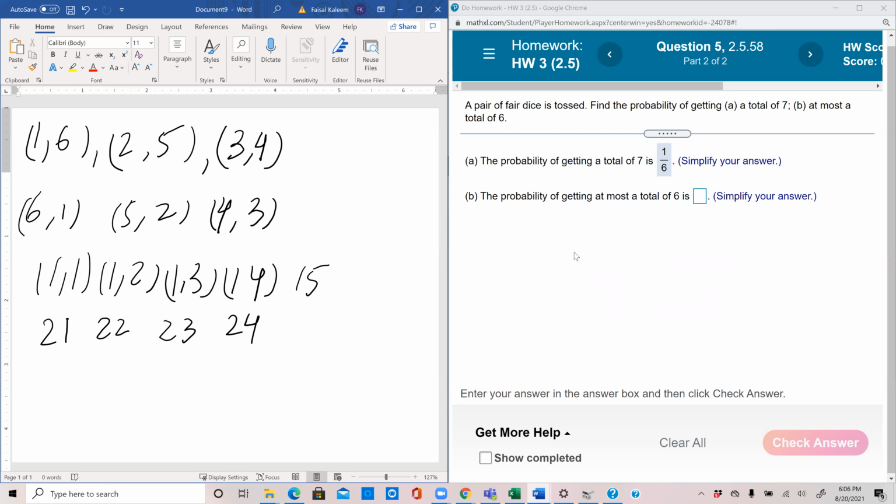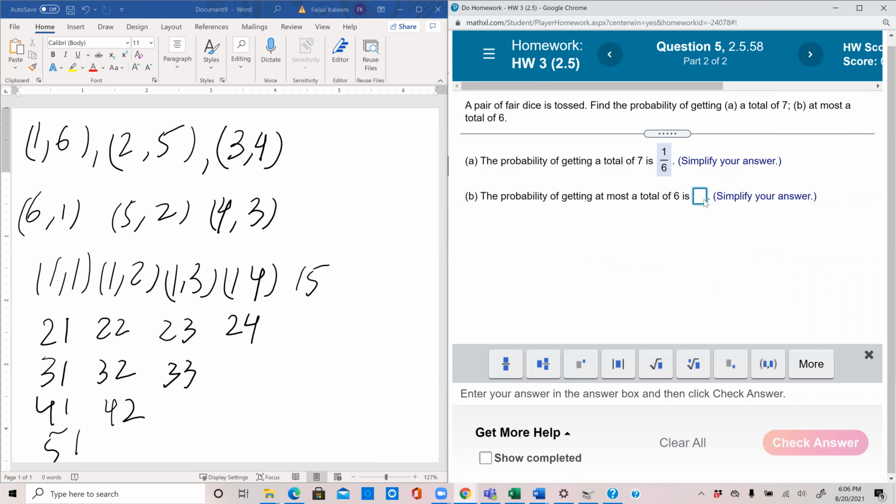The next one will be more than 6. Then similarly, 3,1, 3,2, 3,3, 4,1, 4,2, 5,1. So let's count these: 1, 2, 3, 4, 5, 6, 7, 8, 9, 10, 11, 12, 13, 14, 15. So these are 15 out of the 36 points.